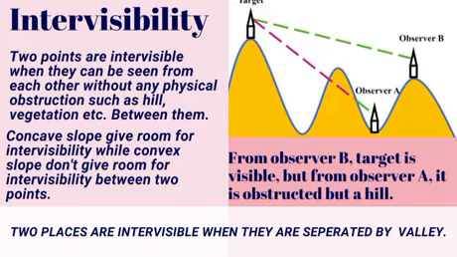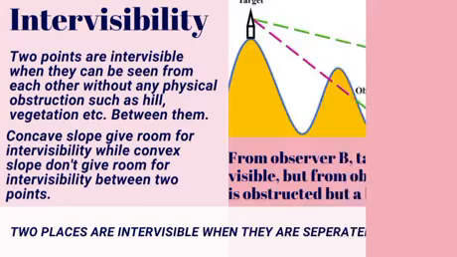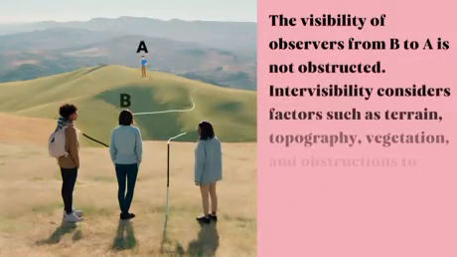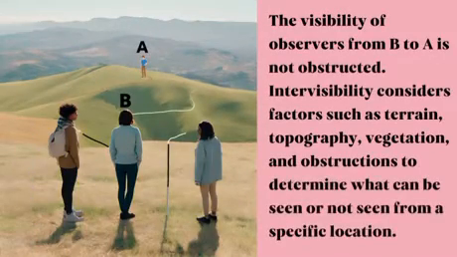Most of the time, the intervisibility of two points can be obstructed either by vegetation or by landforms, which are mostly hills or mountains. So intervisibility talks about the ability to view another landform from a point, and the two points tend to be intervisible when there is no obstruction between the two specific locations.